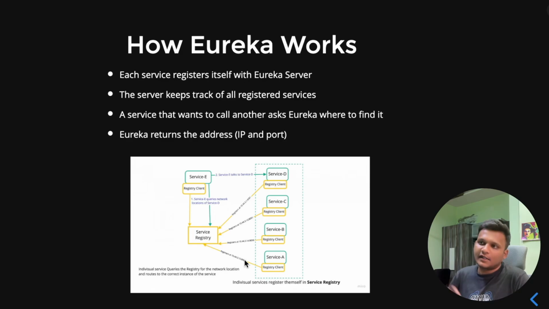Whether it is running, whether it is down, where to send the request, all these things we can keep in the service registry, right? A service that wants to call another asks Eureka where to find it. So here comes the inter-service communication part.